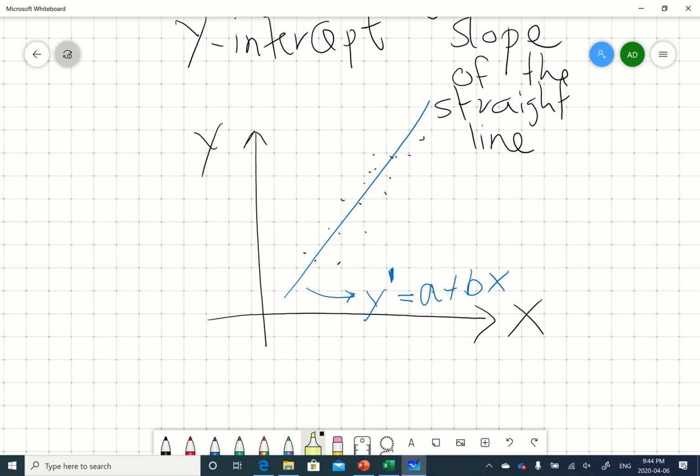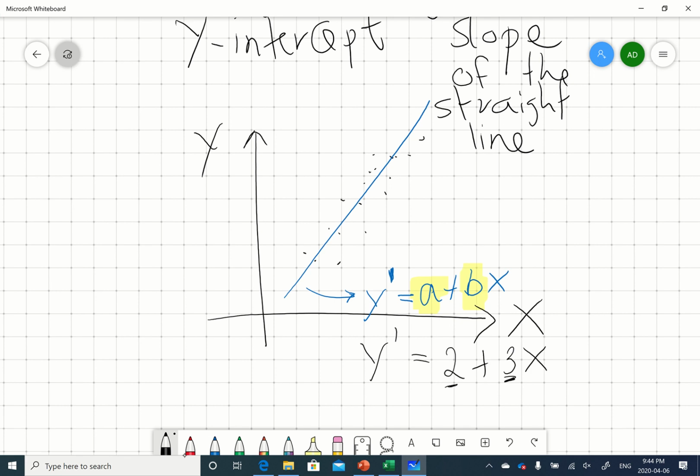So a and b, the y-intercept and the slope, will be numerical values when it comes to an actual question. For example, and I'm just making this up, your regression line could come out as y prime equals 2 plus 3x.